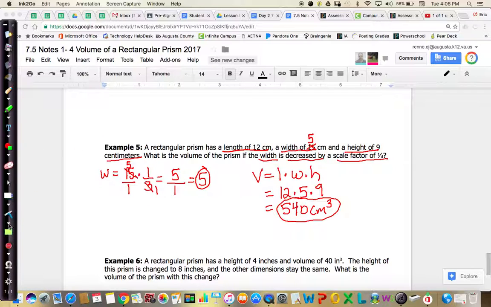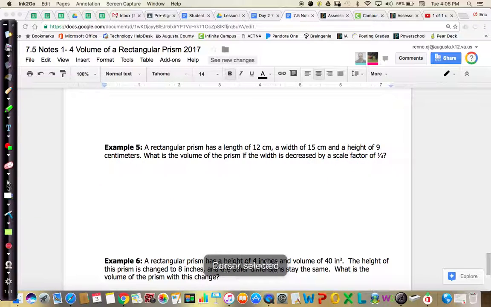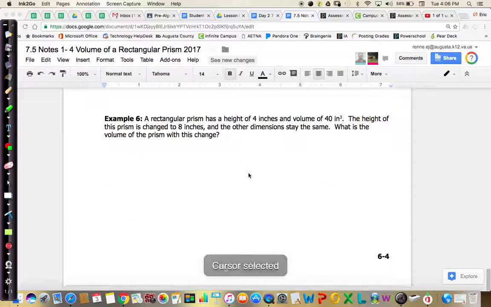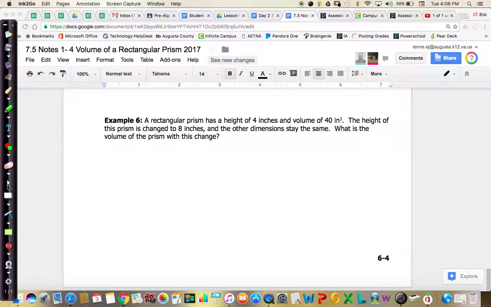Okay, so let's look at example number 6. And after we do number 6, that concludes our notes. So, a rectangular prism has a height of 4 inches and a volume of 40 inches cubed. The height of the prism is changed to 8, and the other dimensions stay the same.